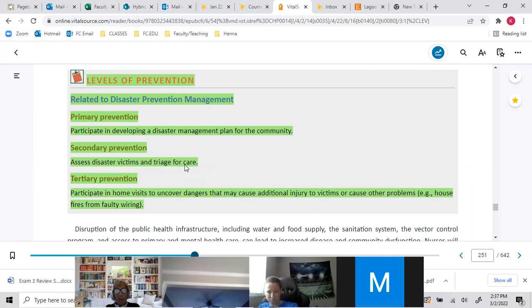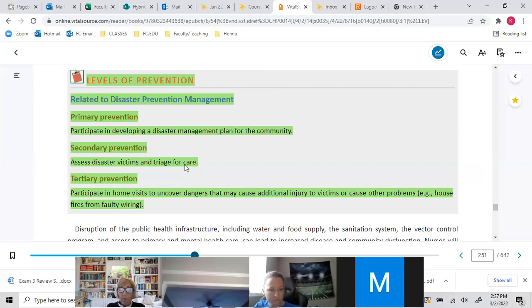Okay, secondary: assess disaster victims and triage for care. Why is that secondary? What are we doing? Taking care of people that have had problems from what happened. Yeah, you're trying to assess, you're trying to identify and triage people that can be helped, right?